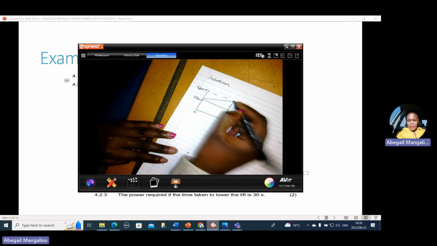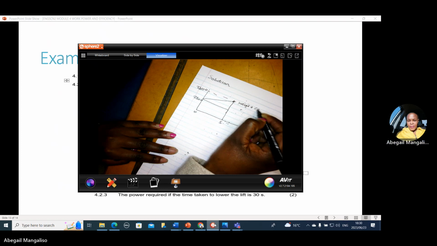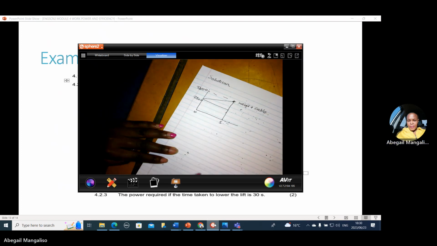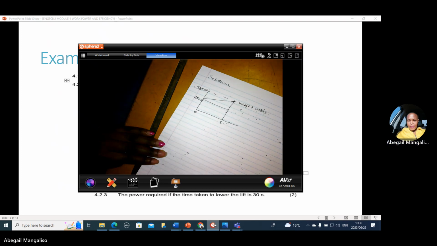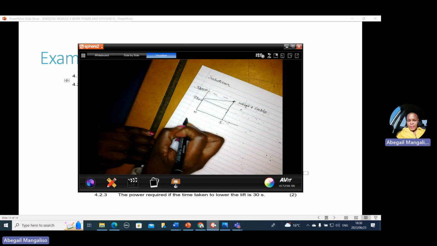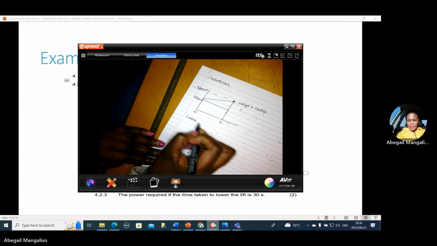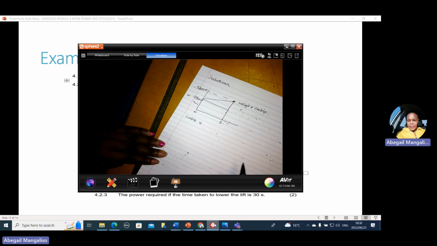Remember, on top or there at that point, this is the combination of a weight plus a cable. This total is for both. So if we have that total for both, it means the cable will be equal to, because we do have weight here, this one is for the weight of the lift alone.